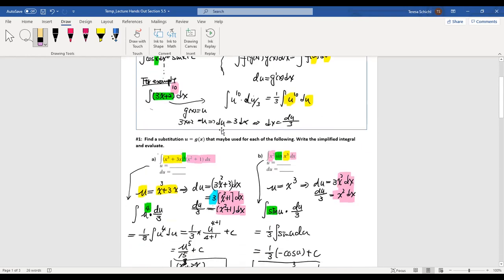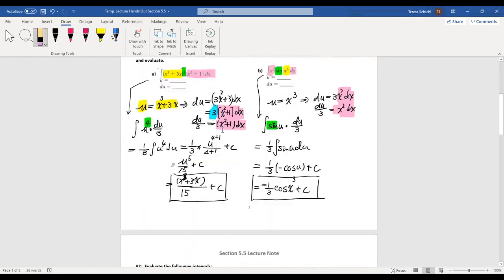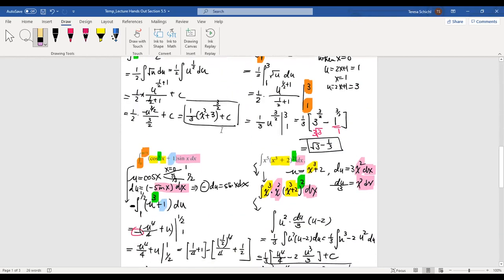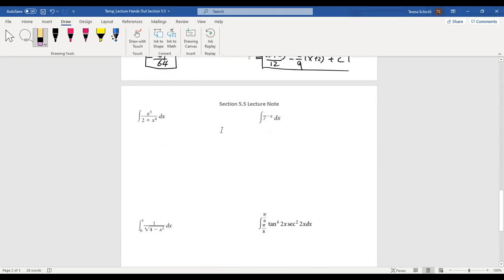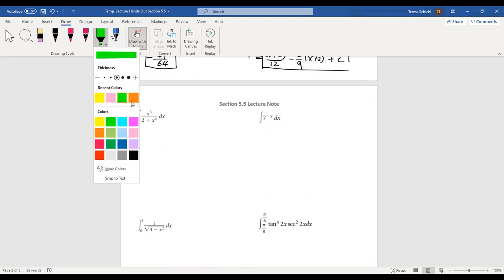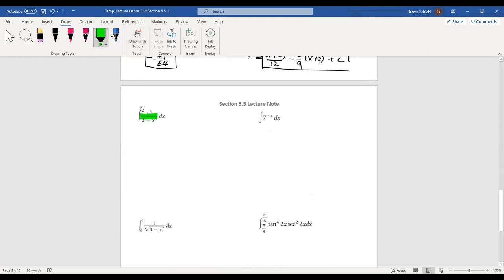So for this problem here, x cubed over 2 plus x to the fourth, the first thing we need to see is which fundamental function I might be able to use. In here, I think maybe we can treat this 1 over something as our function.